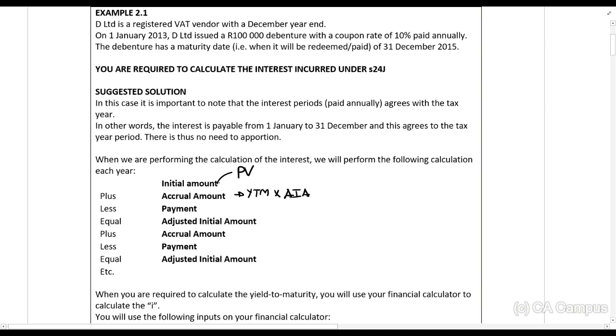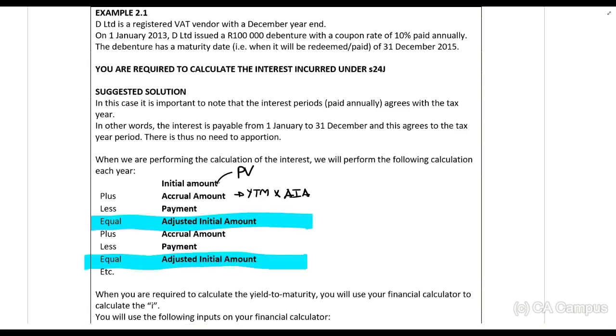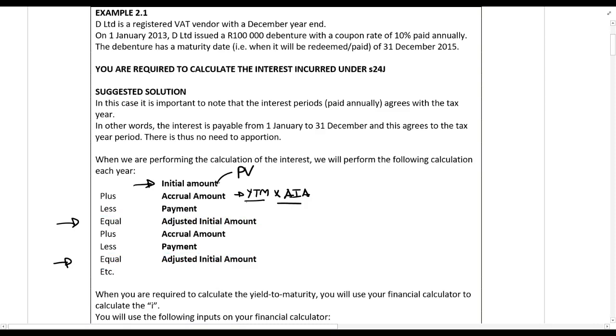Now, the adjusted initial amount is basically the answer that you get the whole time, when you say initial amount plus the accrual amount less the payment gives us the adjusted initial amount. So all that this tries to do is that you need to always use the latest present value. So for the first, when you do the yield to maturity times the adjusted initial amount the first time, you'll just use the present value, the initial amount basically for that matter.